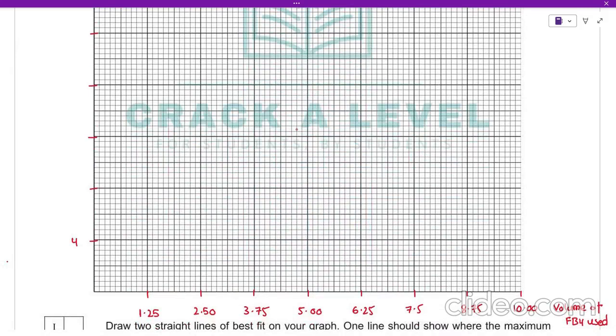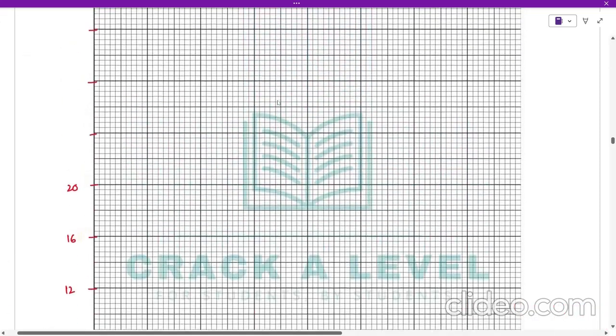So this will be 4, this will be 8, 12, then 16, then 20, then 24, then 28, then 32, then 36, and then 40.